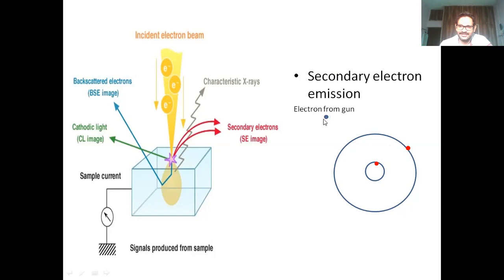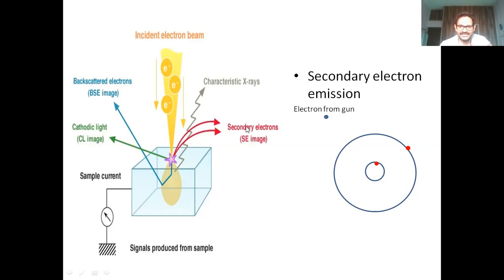Then the electron impinged on the surface will give three important characteristics. One is it will backscatter the electrons, or it will give secondary electrons, or it will give X-rays.